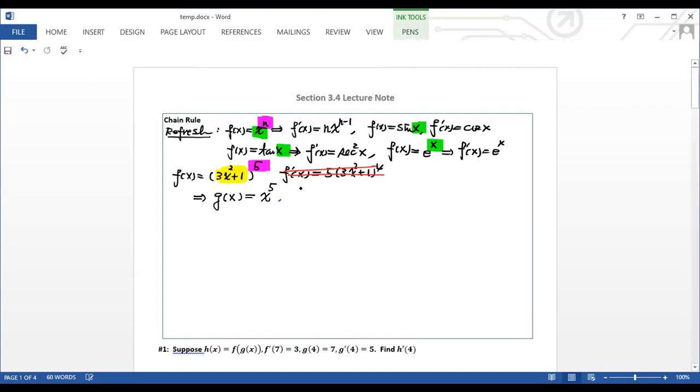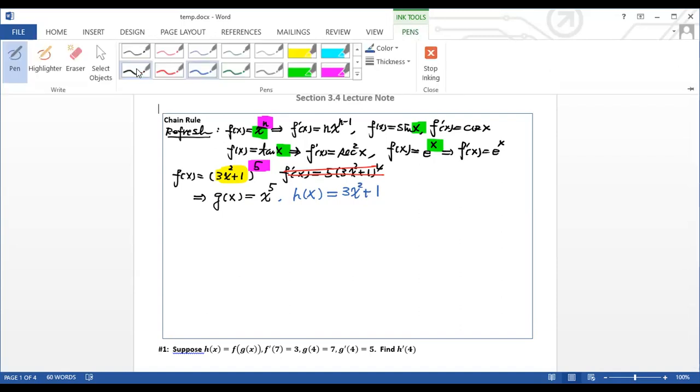Then I can define h of x to be 3x squared plus 1. For both of these, you can take the derivative by using the power rule.